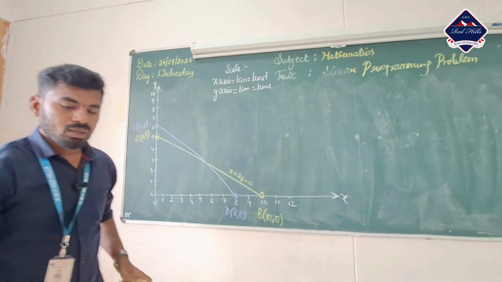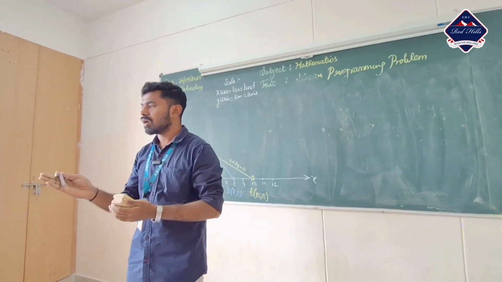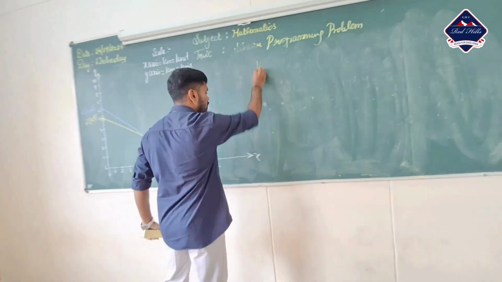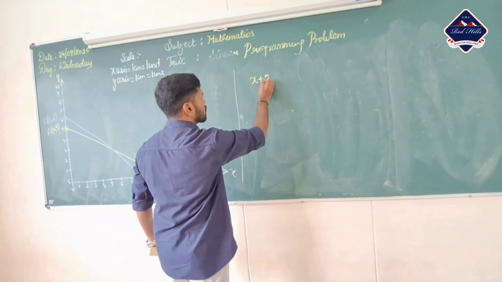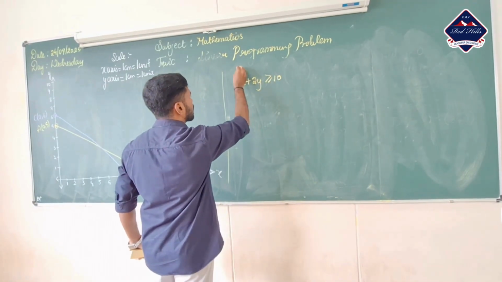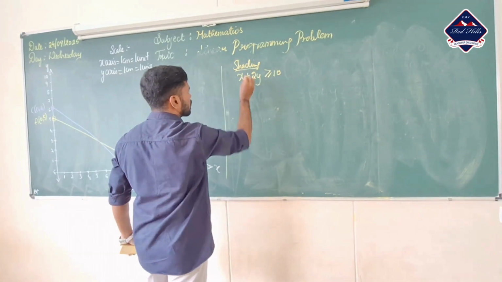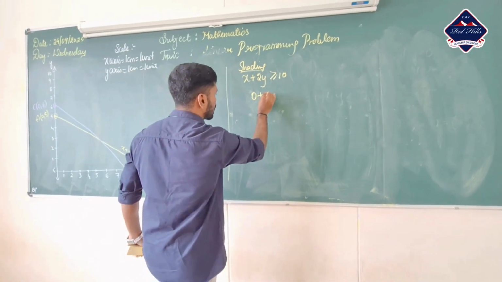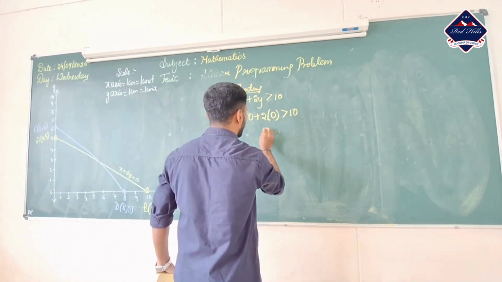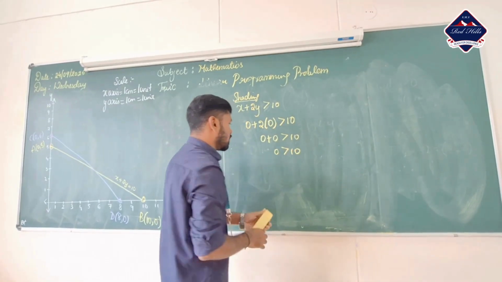Okay. Now, for the shading region, we need to consider whether the statement is true or false. So, what is the first constraint that they had given? x plus 2y greater than or equal to 10. So, put both x and y as 0. So 0 plus 2 into 0, that is 0 plus 0, which is 0.